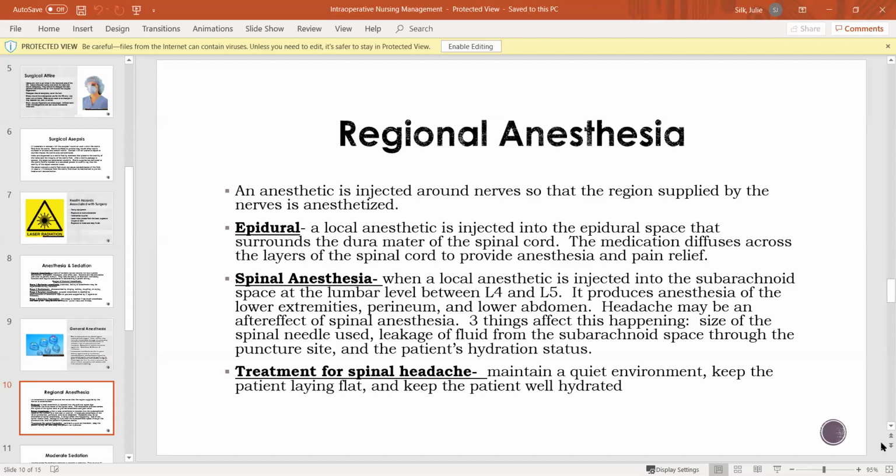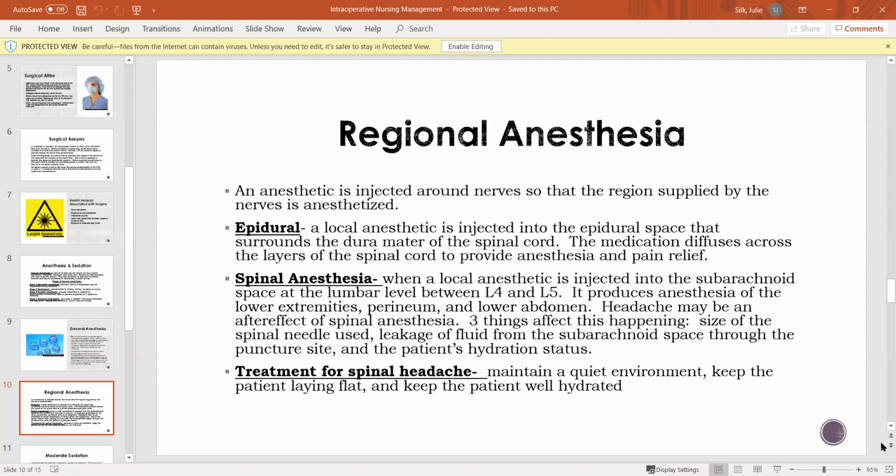They injected her up around her shoulder somewhere and blocked the feeling to her whole arm. That lasted for over 24 hours, so she felt like her arm was dead. After the surgery, she had to have a sling for a little bit until her feeling started to come back. So that's regional anesthesia.